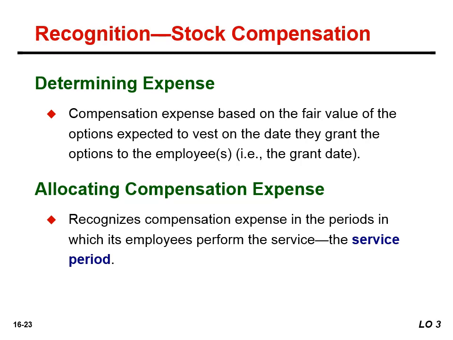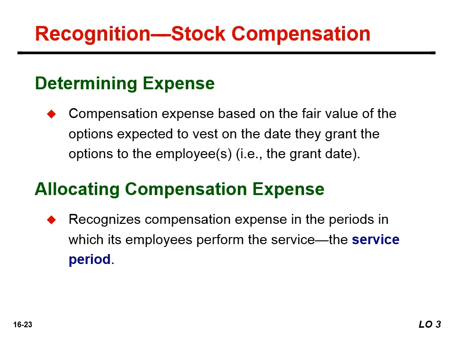Then the company recognizes the compensation expense in the periods in which the employees perform the service, called the service period. Unless specifically stated, the service period is the vesting period, the time between the grant and the vesting dates.